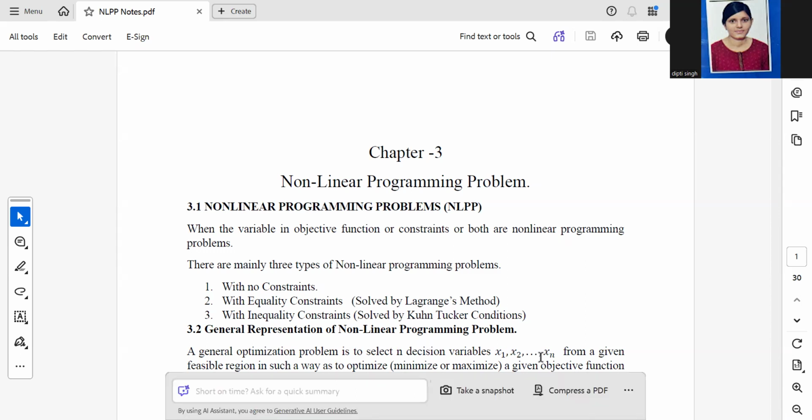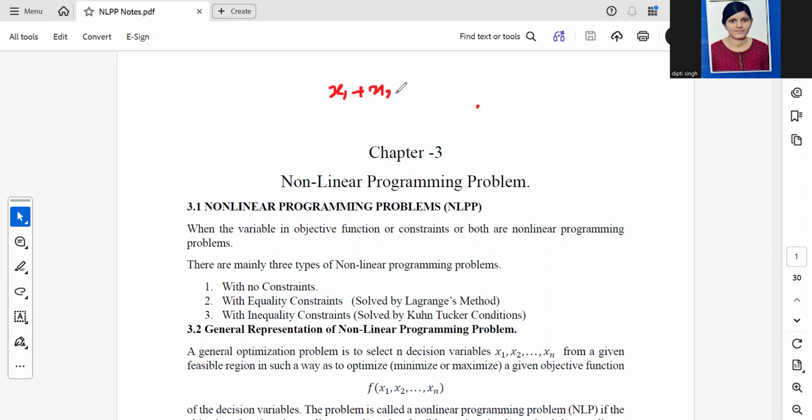If we have a constraint like x1 plus x2 equal to 4, then this is an equality. But if we have less than or equal to 4, or greater than or equal to 4, then these are inequality constraints, and this is the equality constraint.